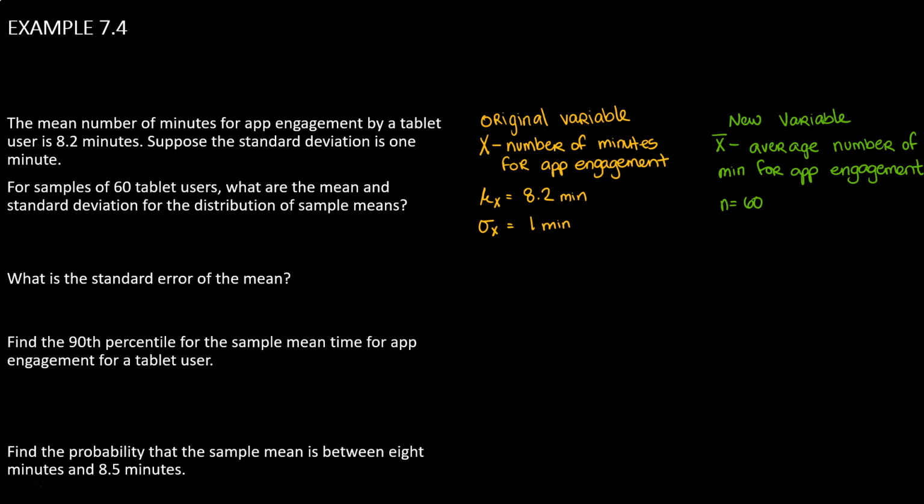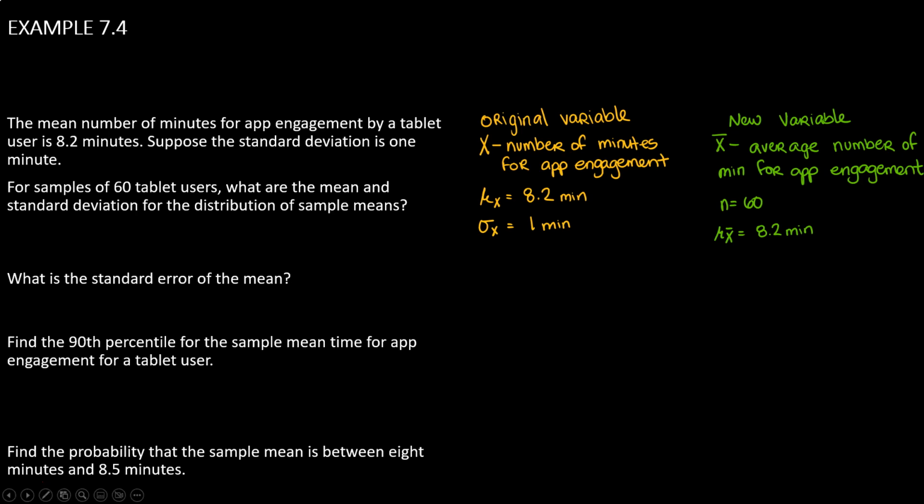The central limit theorem tells us that the mean for the new variable is going to be exactly the same as the mean from the original variable. The standard deviation doesn't copy over so directly. There's a short formula which says this new variable has a standard deviation equal to the standard deviation from the original variable divided by the square root of our sample size.